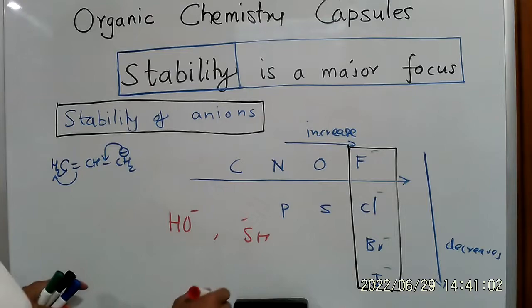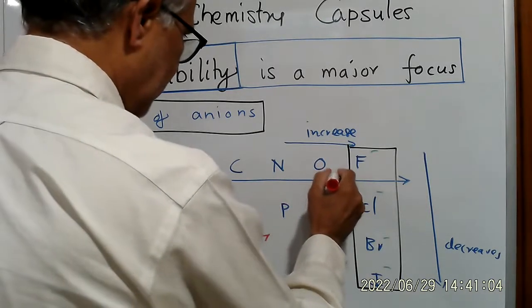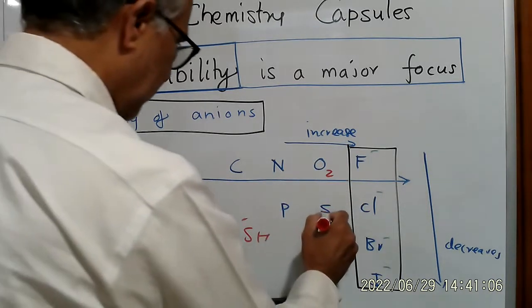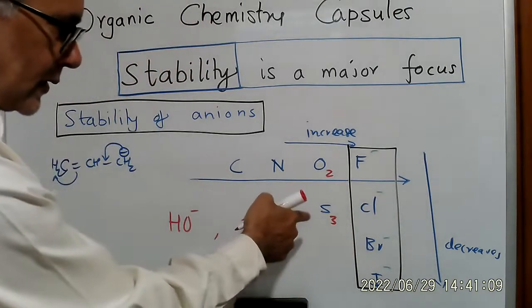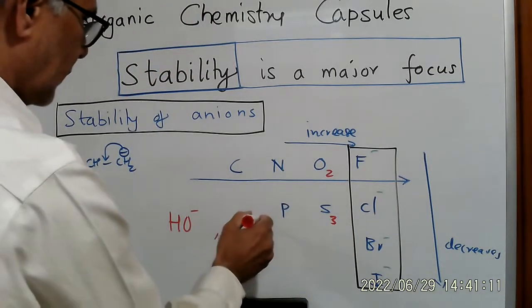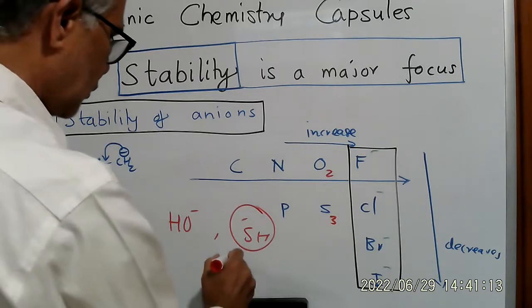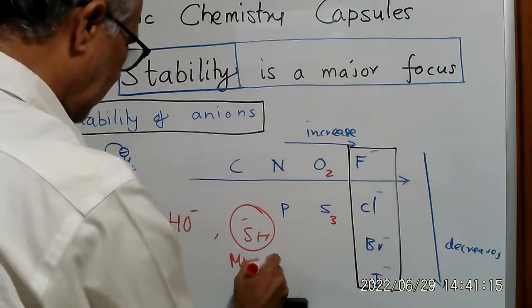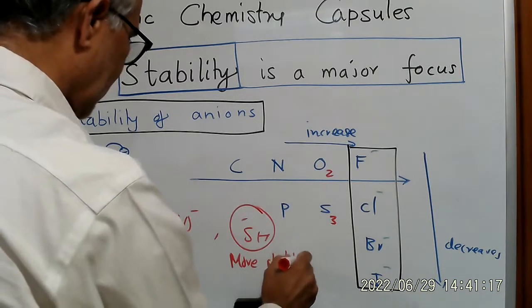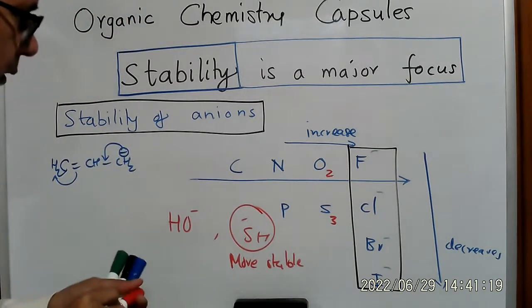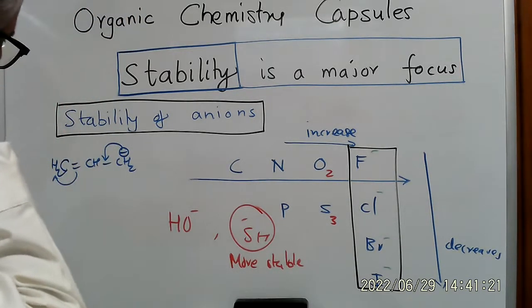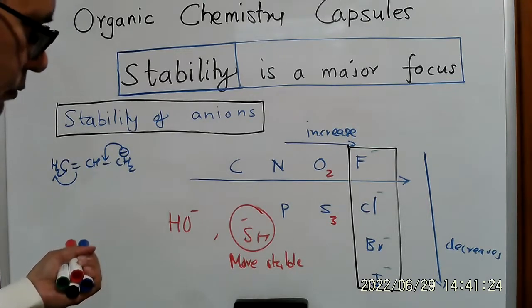Oxygen is in the second row, sulfur is in the third row. So sulfur has a larger size. So this one is more stable between these two ions. So that's it. This is a quite simple concept.